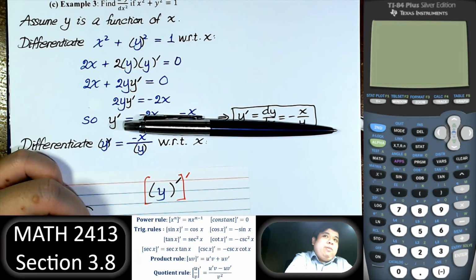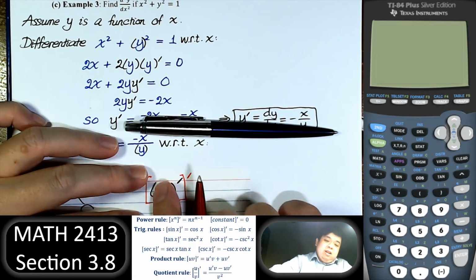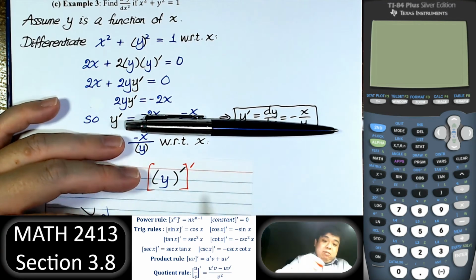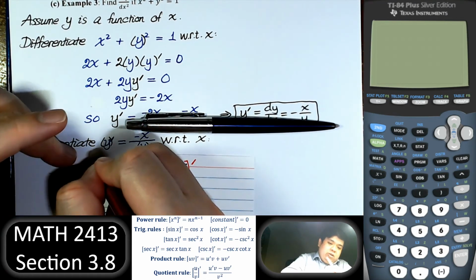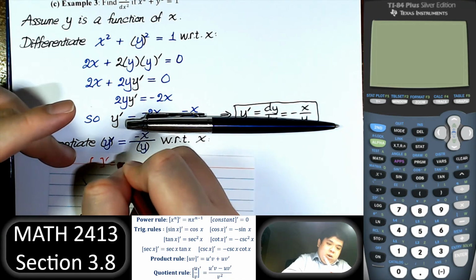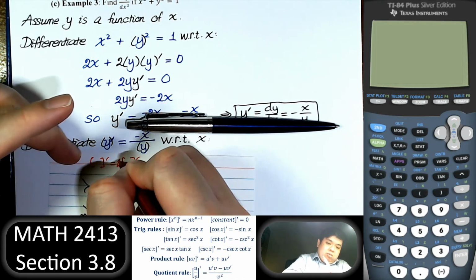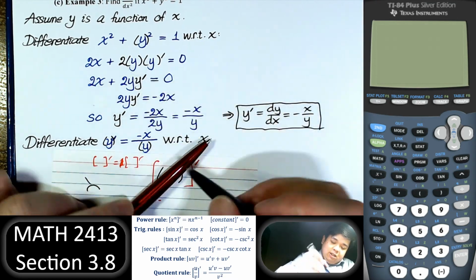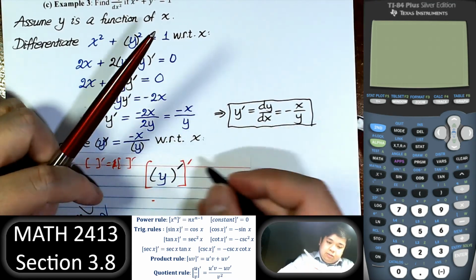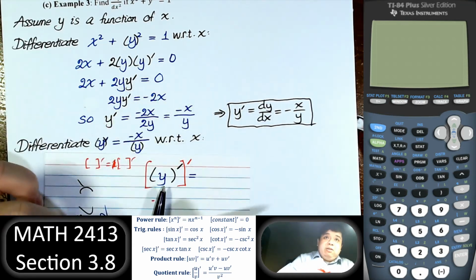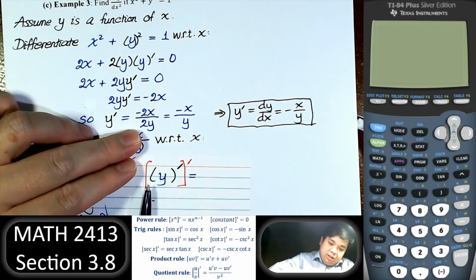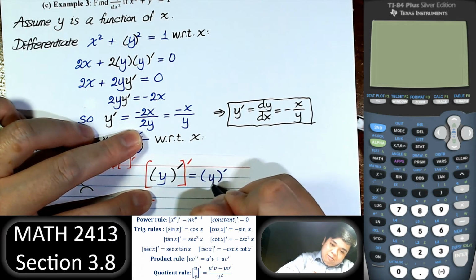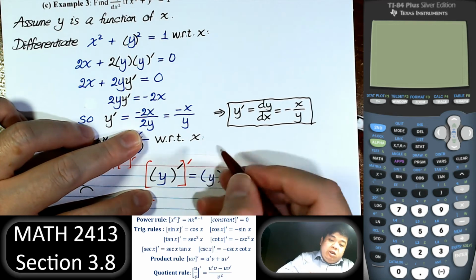In that case, we just have derivative of the bracket to the first power, so derivative of the bracket itself is just 1 times that, because we don't do anything. So when we take derivative, it's still the parentheses here, just taking derivative of that one more time.